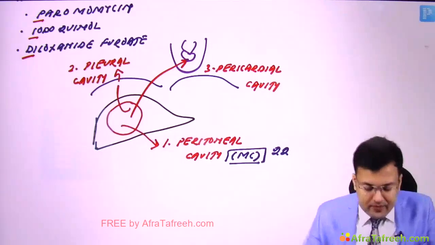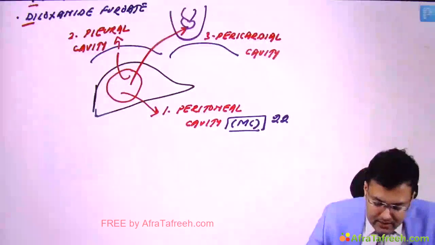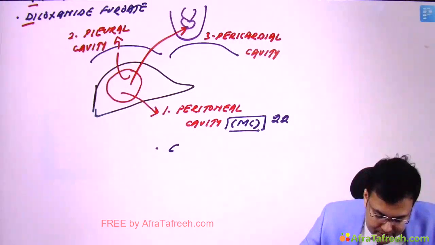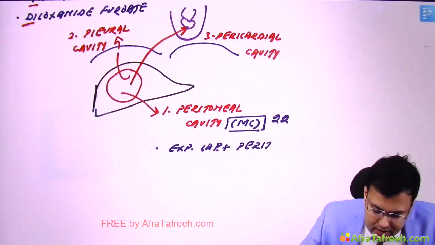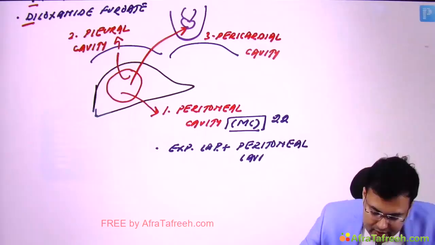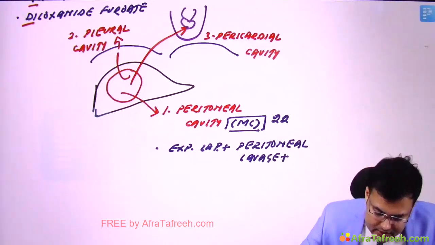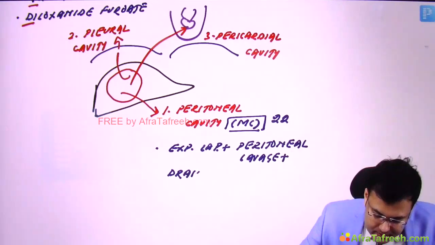So this is how we manage. If rupture occurs in peritoneal cavity, we perform exploratory laparotomy plus peritoneal lavage plus drain insertion.